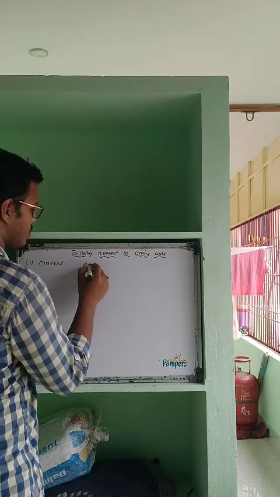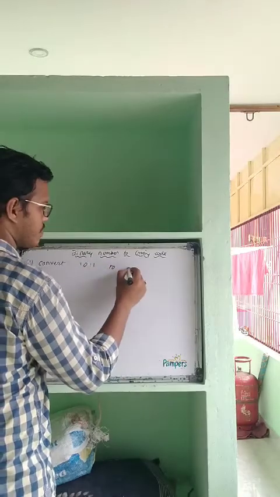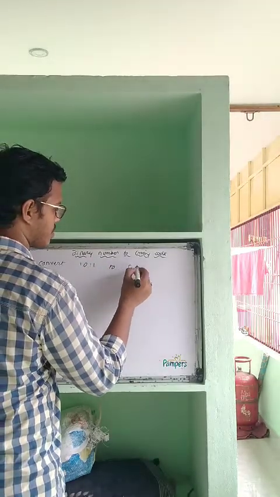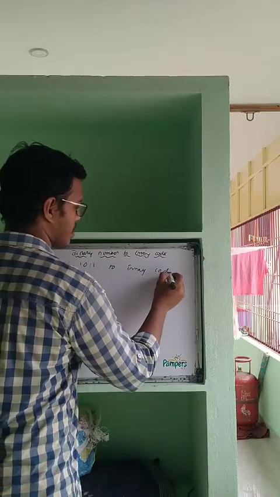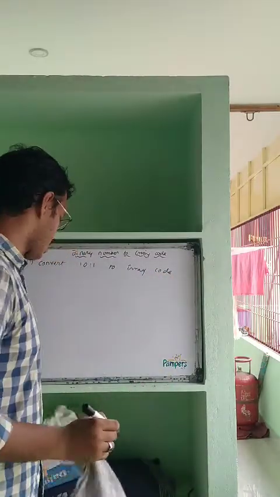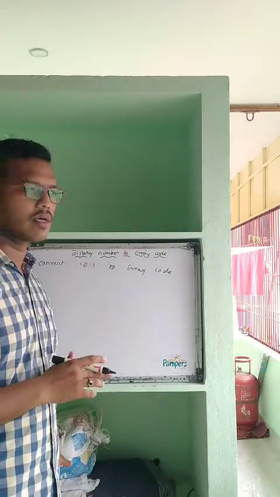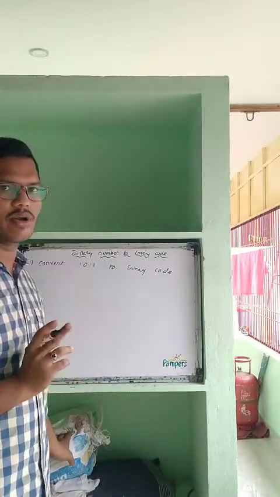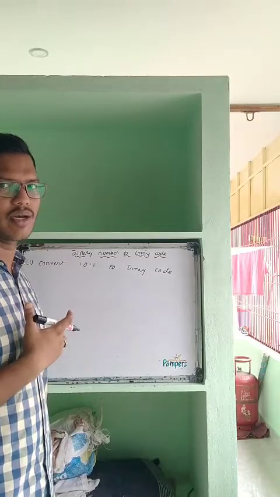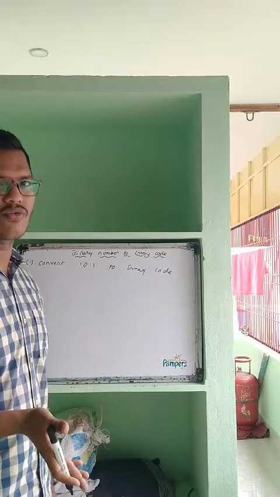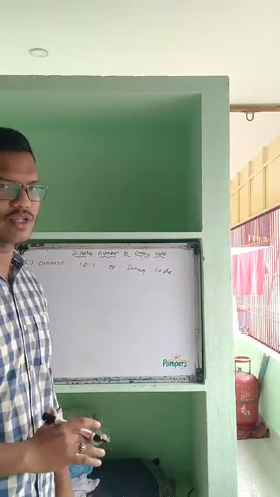Convert 1011 to gray code. Gray code concept is very important in examinations. Definitely you will get one problem based on binary to gray code conversion or gray code to binary conversion.